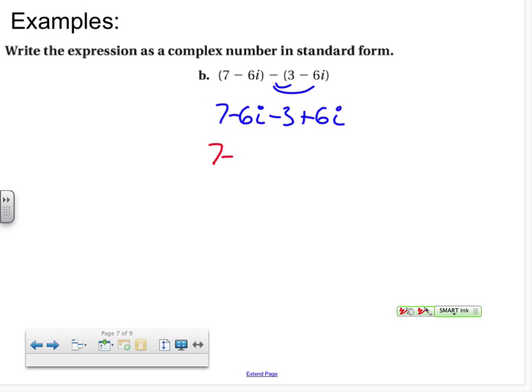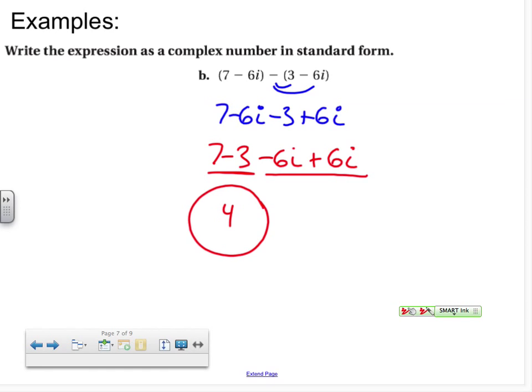So this will be 7 minus 3, minus 6i plus 6i. 7 minus 3 is 4. -6i plus 6i cancels, so this is 4. You can add two imaginary numbers and get a real number.